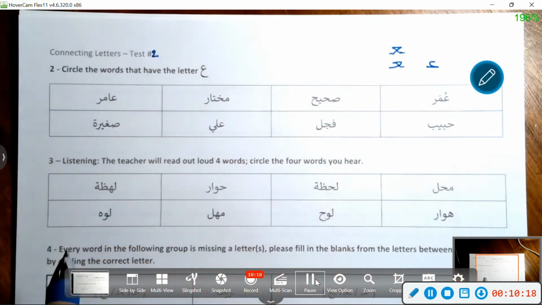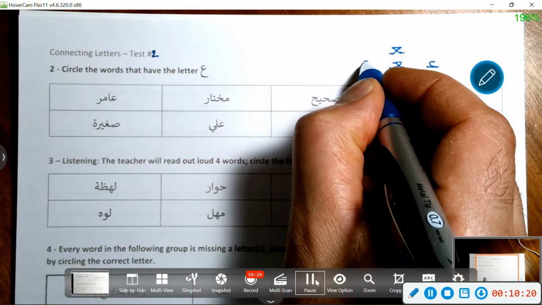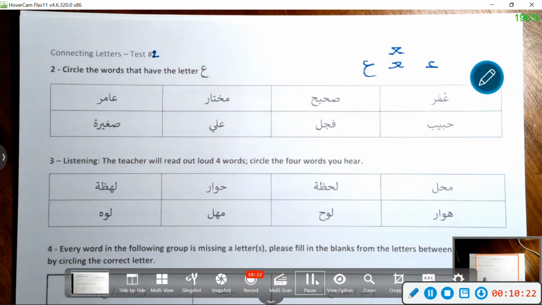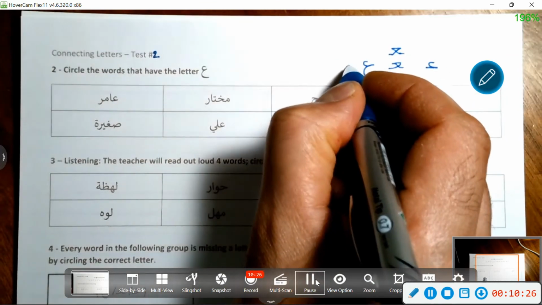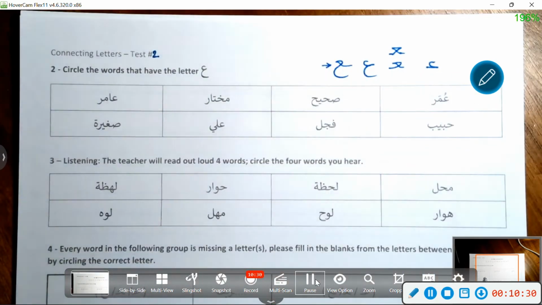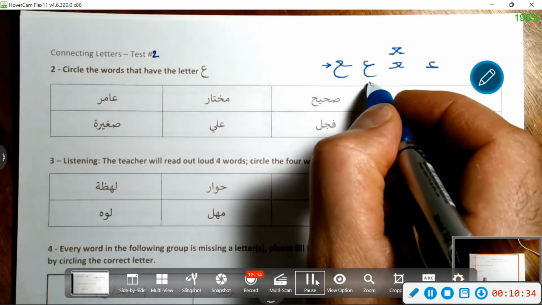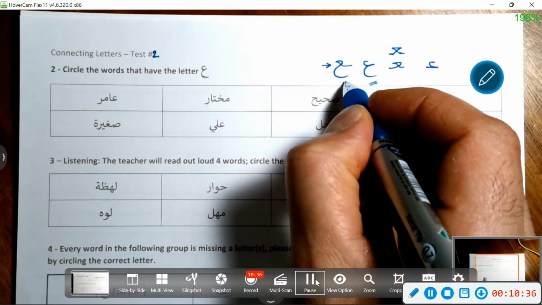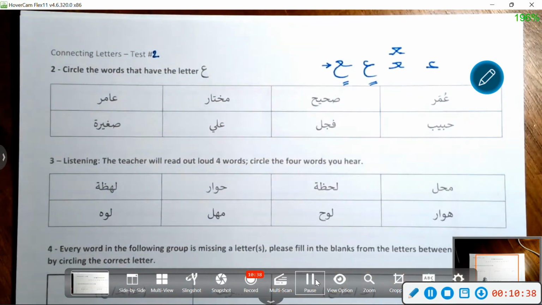And at the end, we keep it as it is. And some people at the end also close it, and that's even better. So at the end, it's open when it's not connected, but when it's connected, it's better closed.